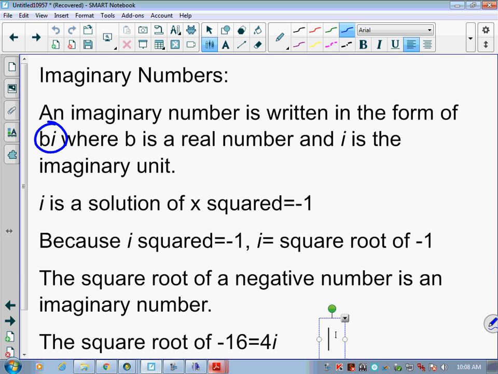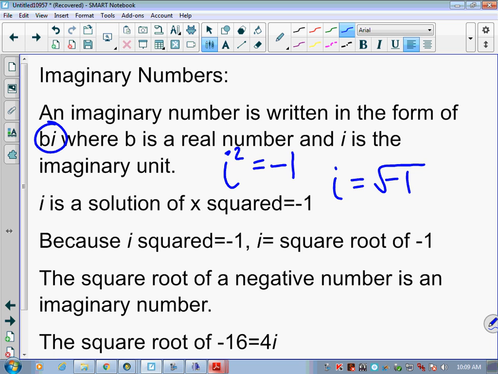i is a solution for x squared equals negative 1. And because i squared equals negative 1, i is the square root of negative 1. So you might have seen me write this up here before: i equals the square root of negative 1, and i squared equals negative 1.